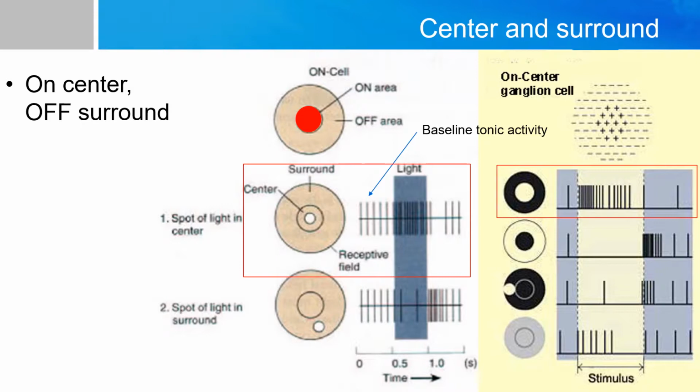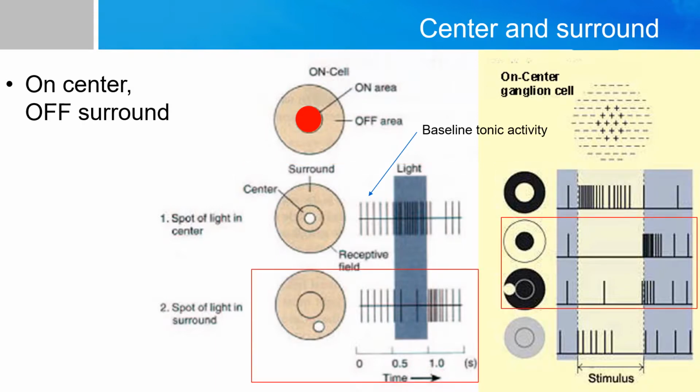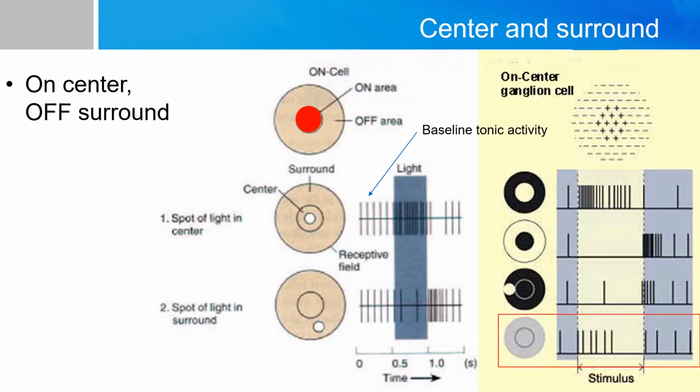Conversely, if light were shone on the surround of the receptive field, it will inhibit the cell's response by decreasing the firing rate. And if you have a light that shines directly on both the on-center and the off-surround, it will remain at its baseline firing rate because the excitation of the on will offset the off in the surround.